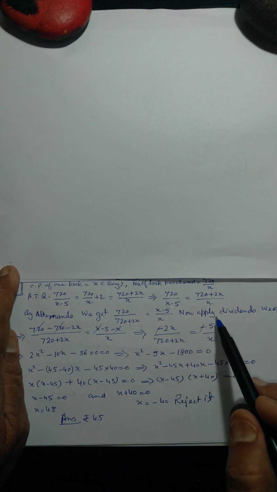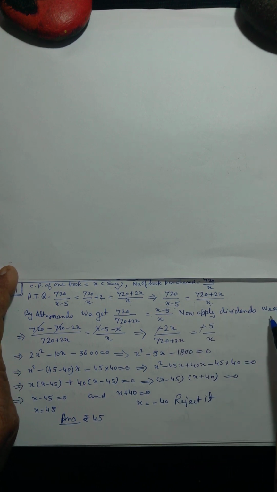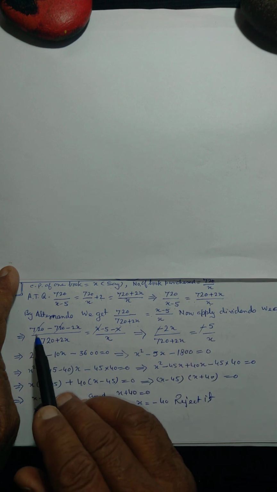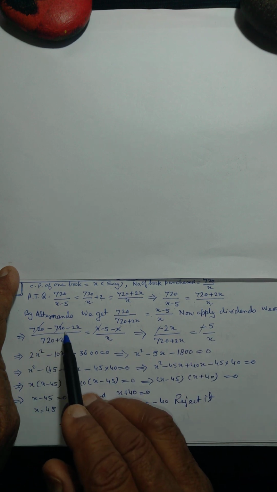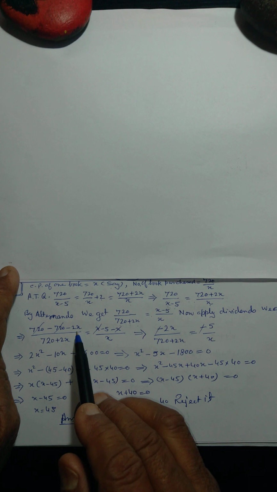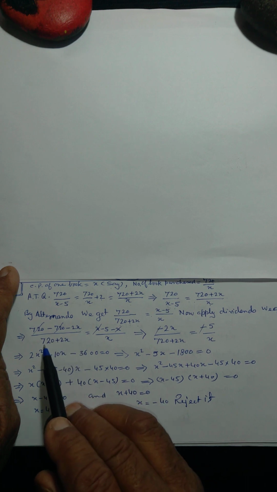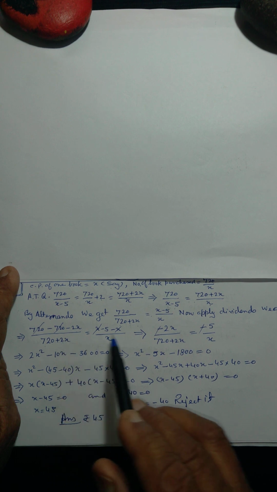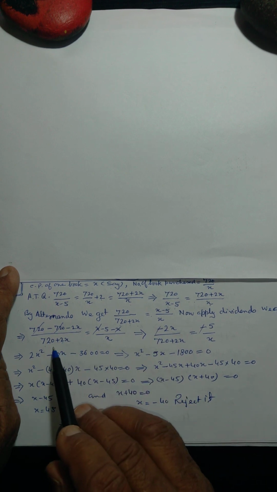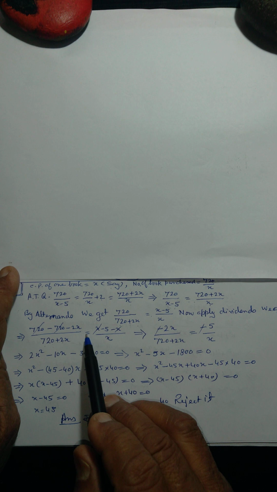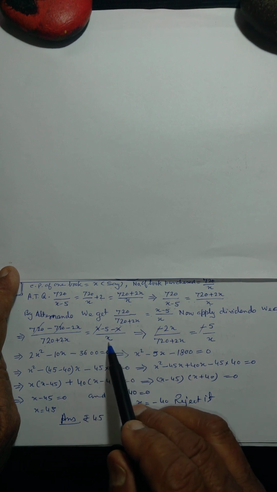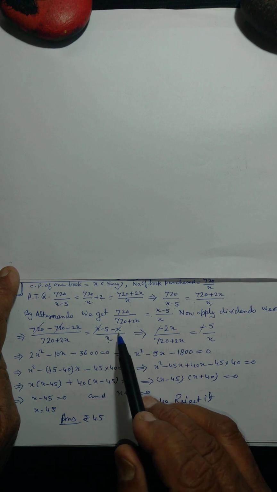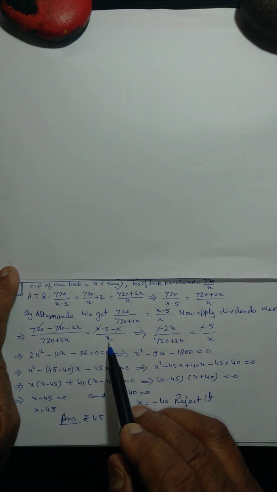Now apply dividendo, we get 720 minus 720 plus 2x whole divided by 720 plus 2x, meaning numerator minus denominator upon denominator. Here also numerator minus denominator by denominator, that is x minus 5 minus x by x.